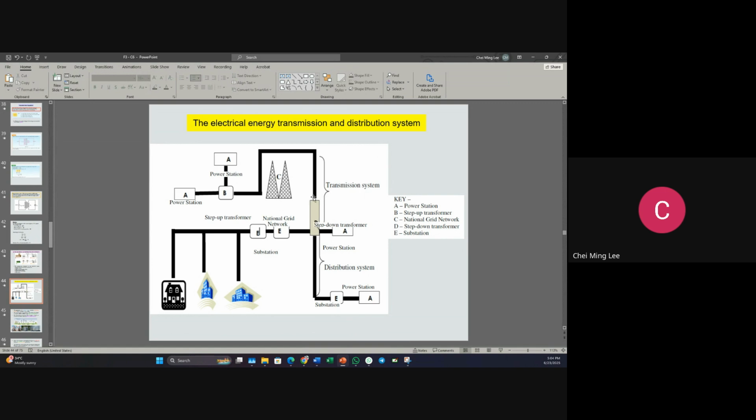Normally they will have a step-down transformer from all the places, then go to the national grid and then step up a bit to the factories, all this. Okay, like that. It's actually just what I show here.